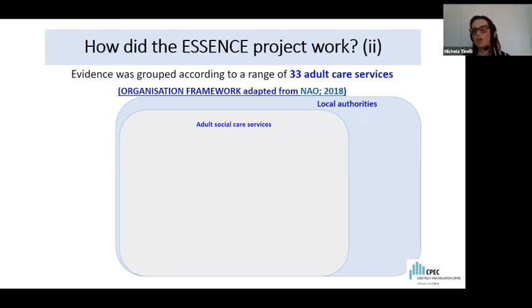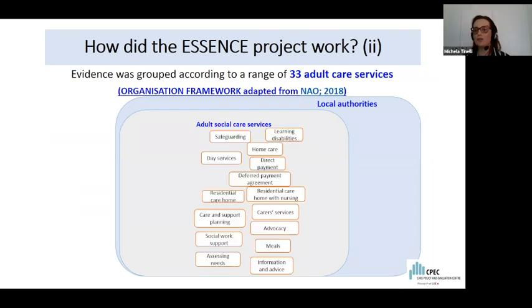So in a way we used this framework to map all the evidence that we were extracting from the different sources. As you see, we have a core set of interventions that are described as adult social care services provided by local authorities. You have examples such as safeguarding, day services, and care.